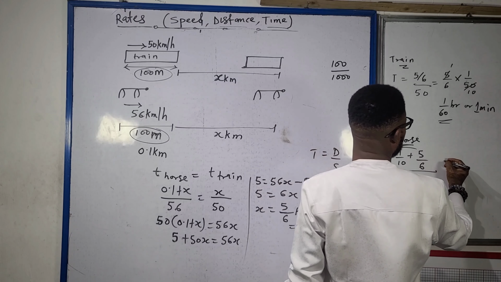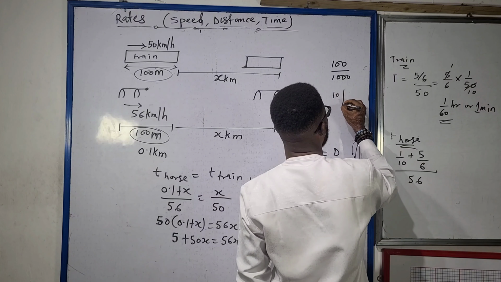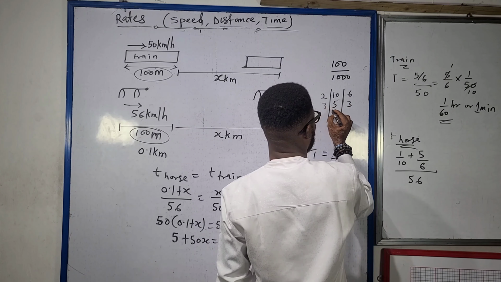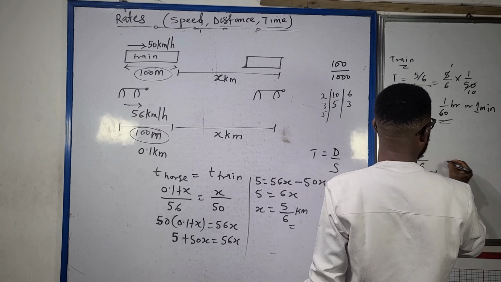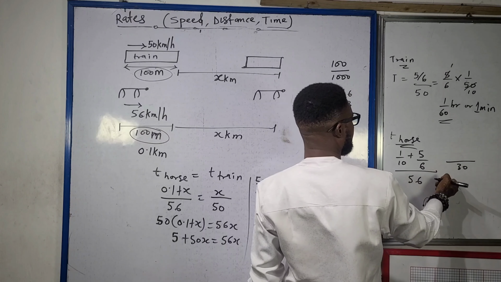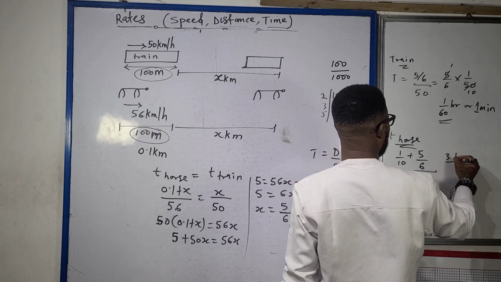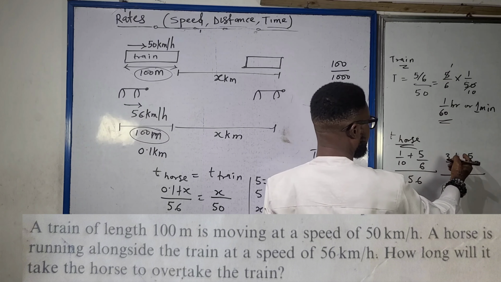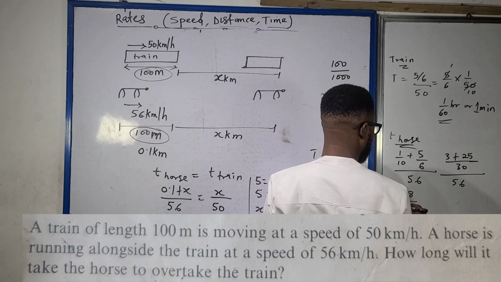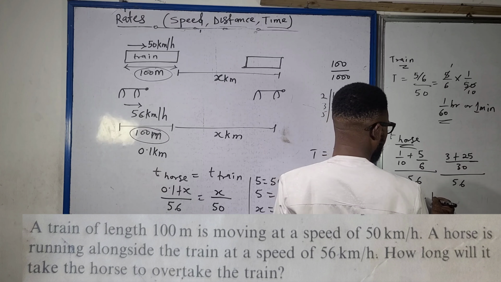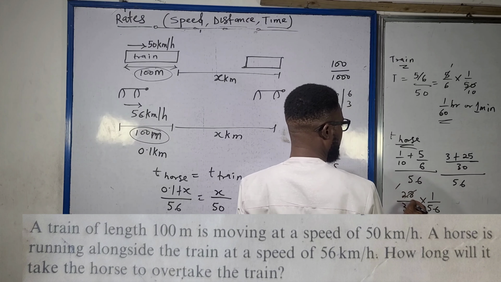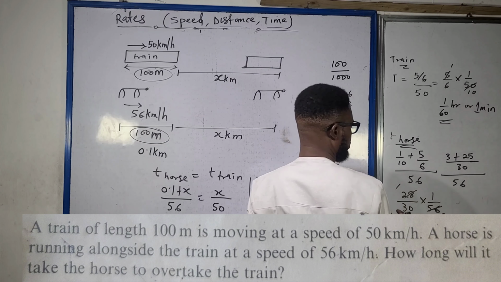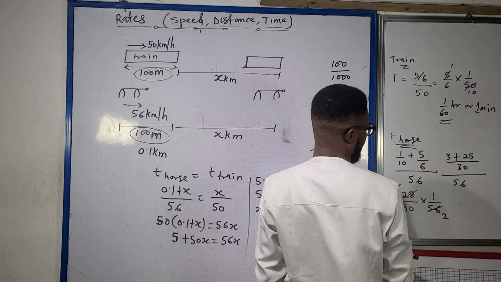LCM of 10 and 6 is 30. 10 into 30, 3 times 1 is 3. 6 into 30, 5 times 5 is 25. So that is 28 over 30, all divided by 56. Of course, this is going to mean 28 over 30 times 1 over 56. 28 into 28 is 1, 28 into 56 is 2.